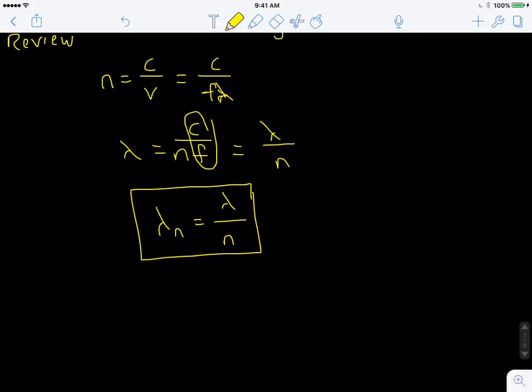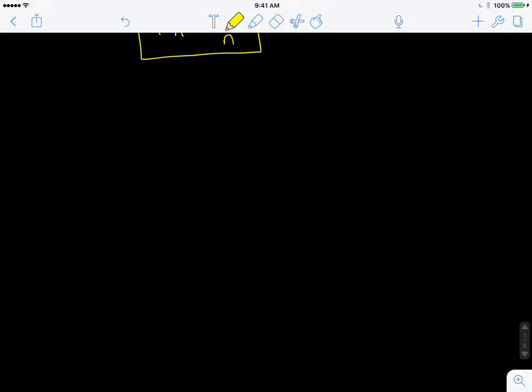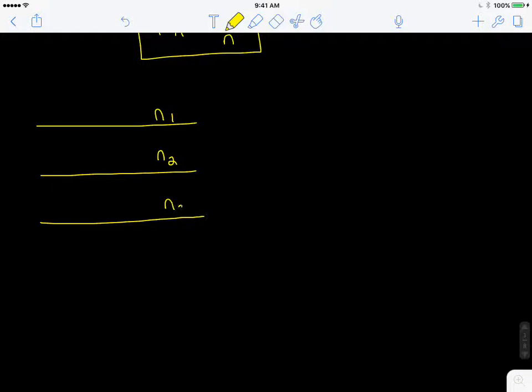So what we're going to be talking about is what's referred to as thin film interference. You can imagine that there are three layers of different liquids, and we have an n1, an n2, and an n3, and we have some light that's coming in.